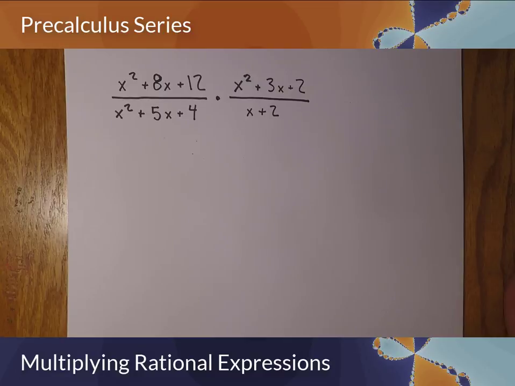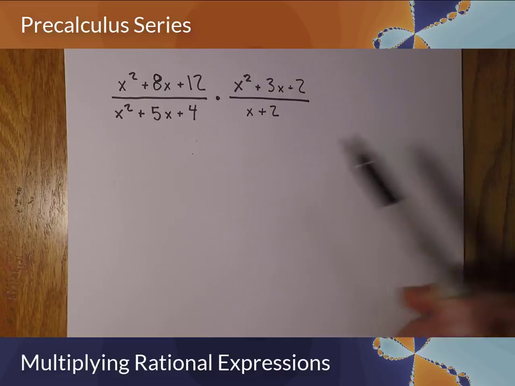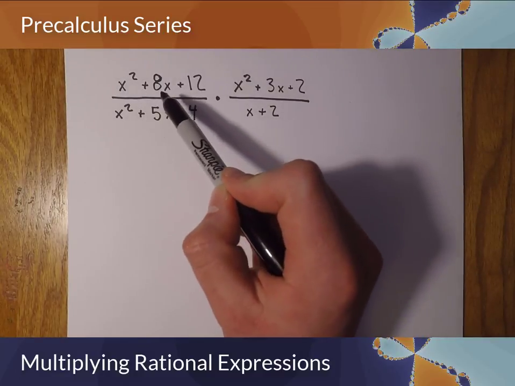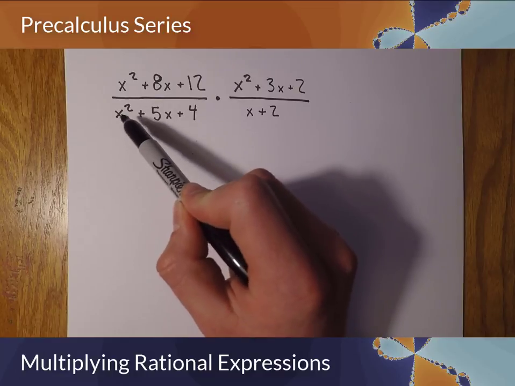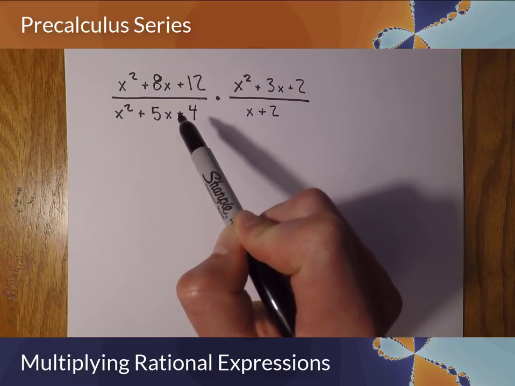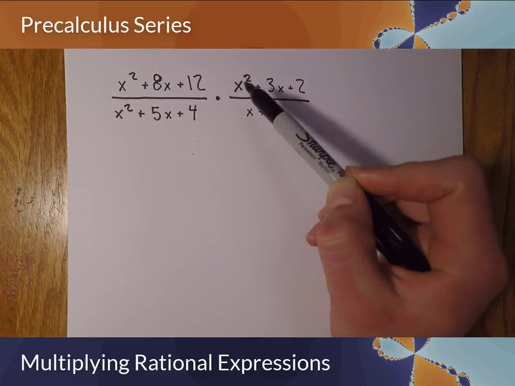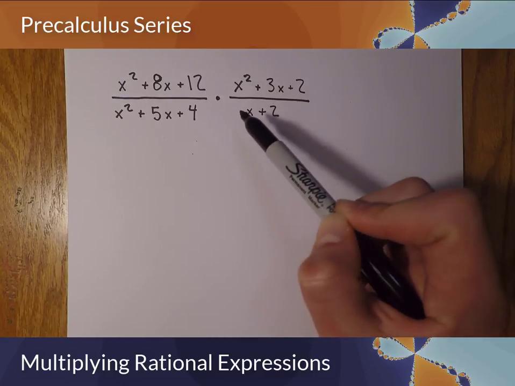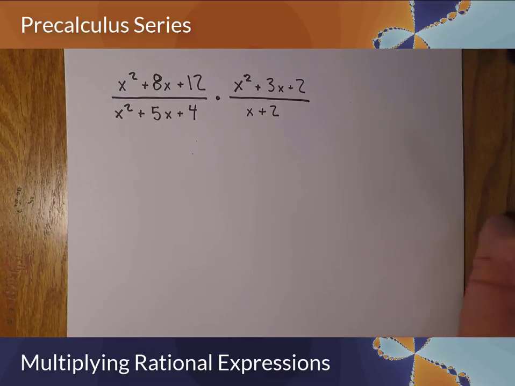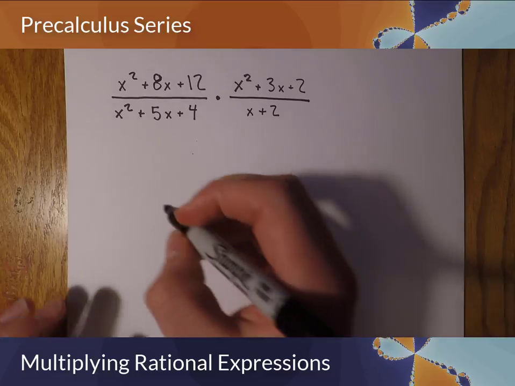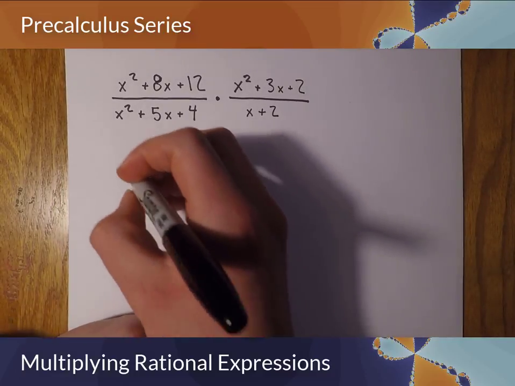For our next example, we're going to be multiplying (x² + 8x + 12)/(x² + 5x + 4) by (x² + 3x + 2)/(x + 2). Now we just simply multiply it through.